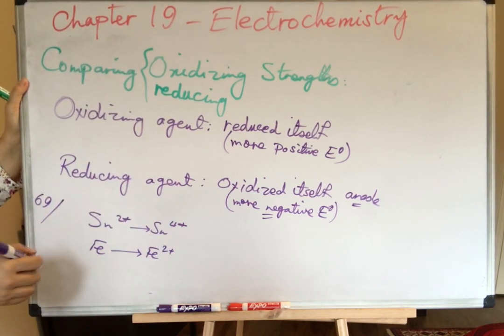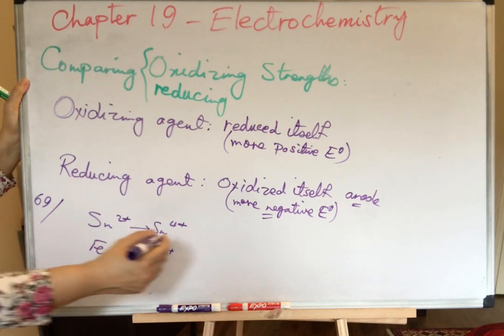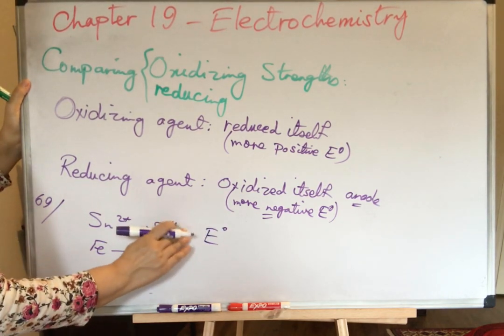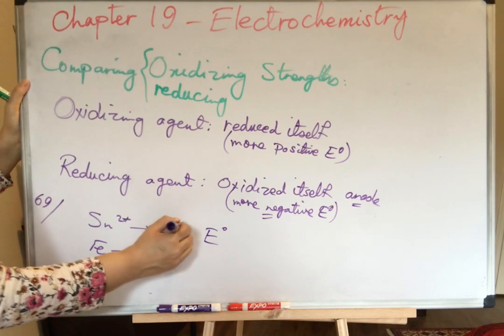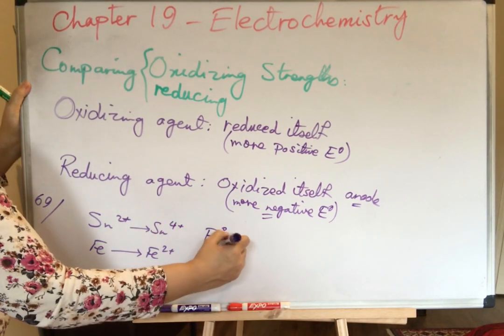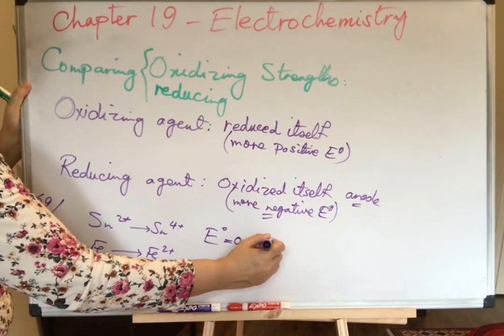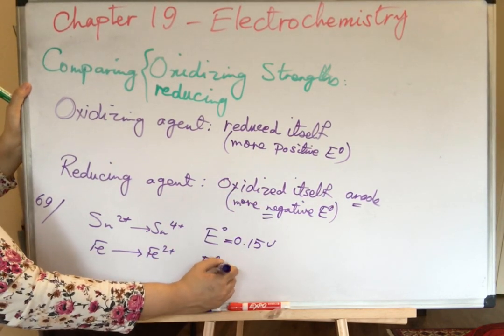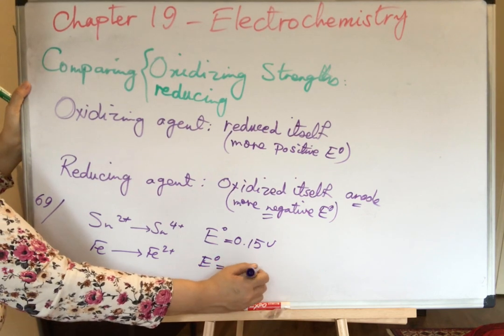The standard potential for Sn, where the sign is missing on the PowerPoint slides, is 0.15 volts, and for Fe is minus 0.41.